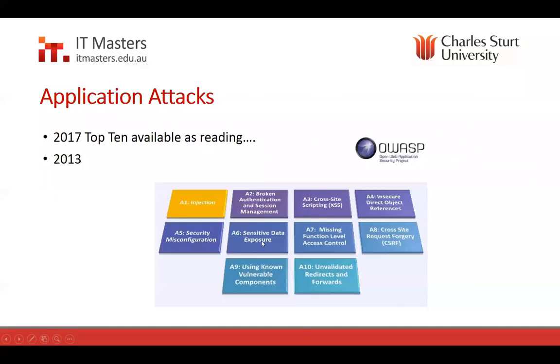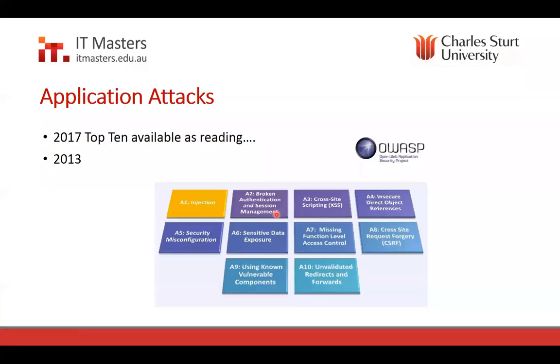No, it says 2013. So for these application-based attacks, the data collected in the 2 years before 2013 showed that injection was at that time the most prevalent application-based attack.